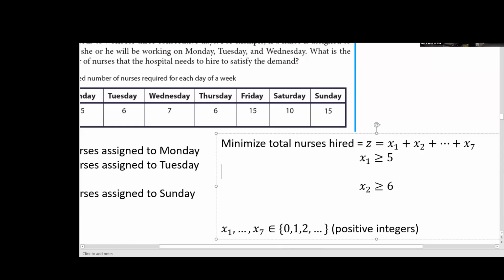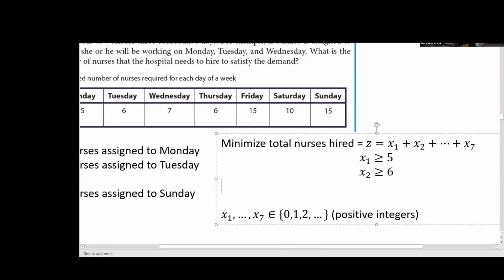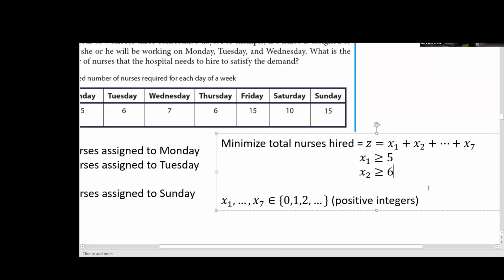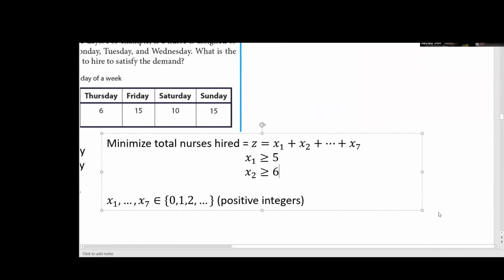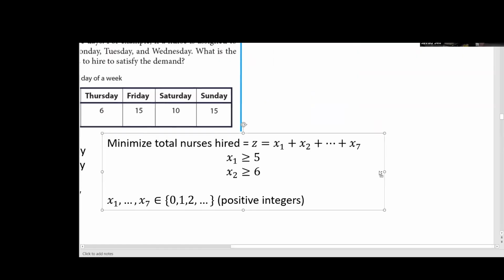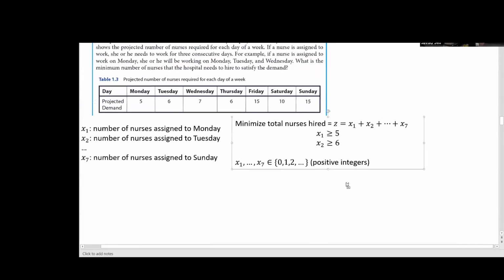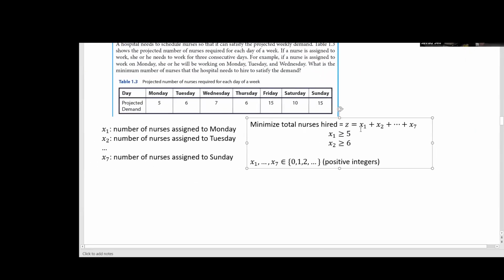It's not good. Why is that? It says on Monday I need 5 people, right?